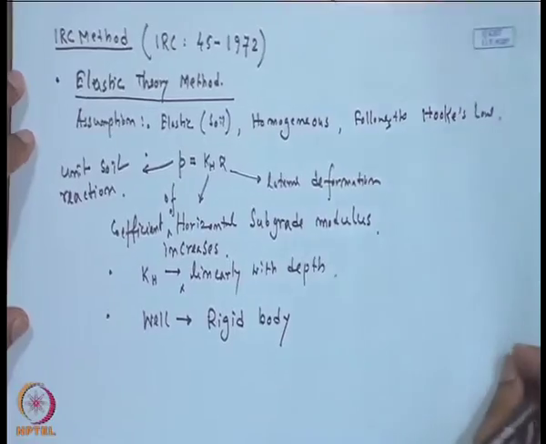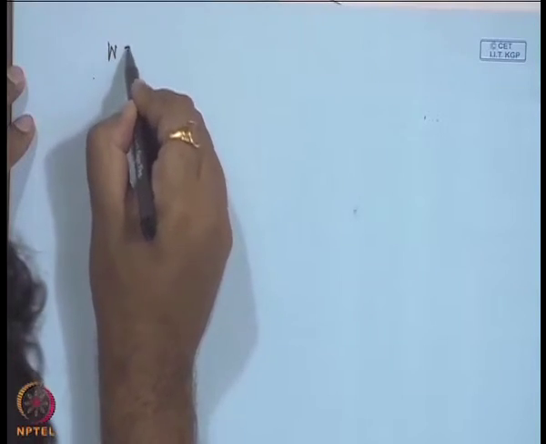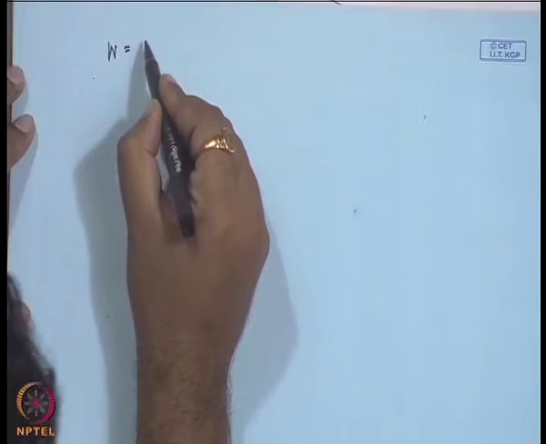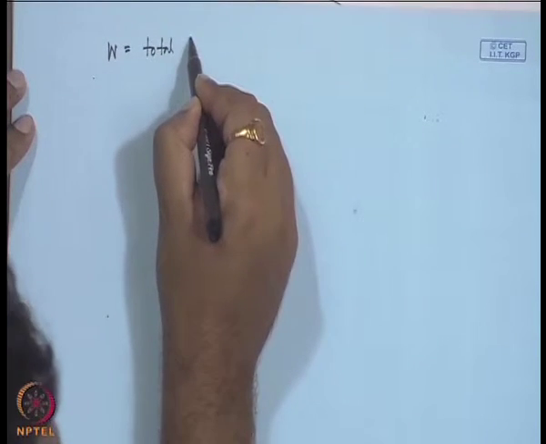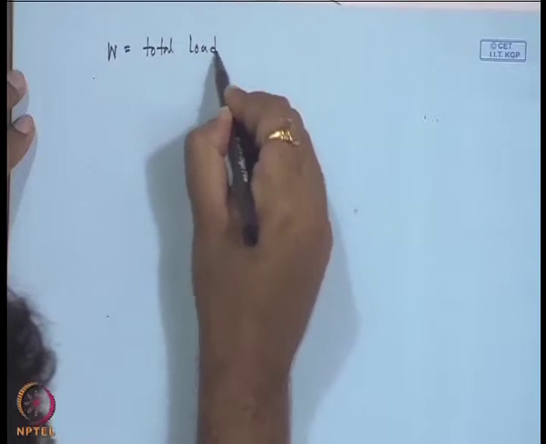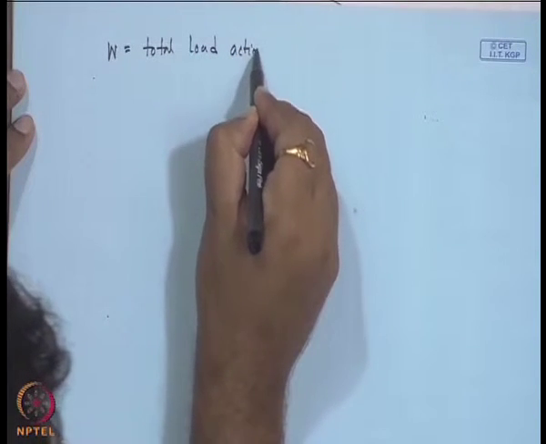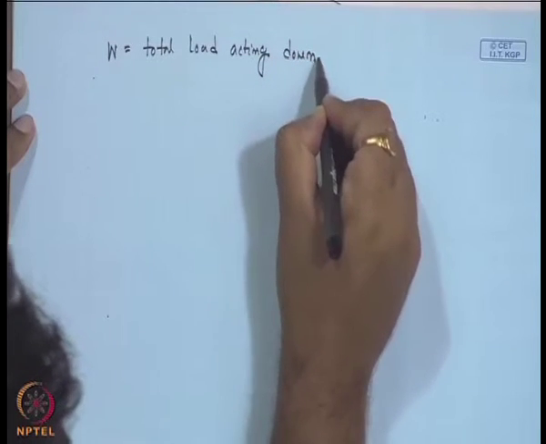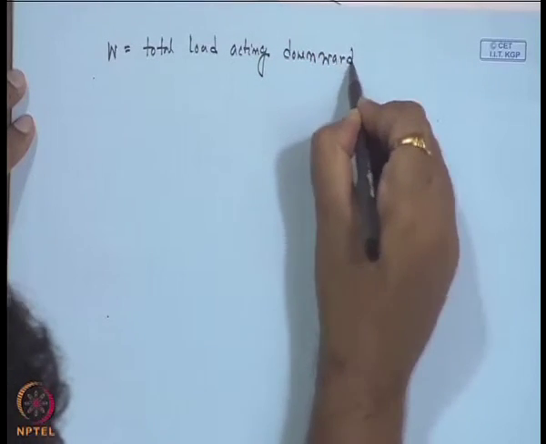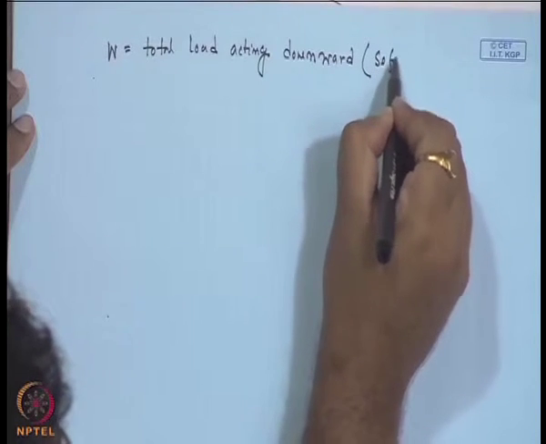Now, next, how can we check the stability of this well? First we consider W, the total force or load acting downward, including the self weight.